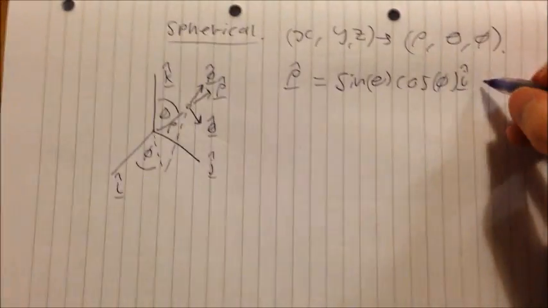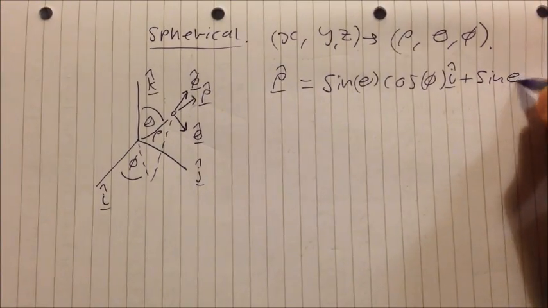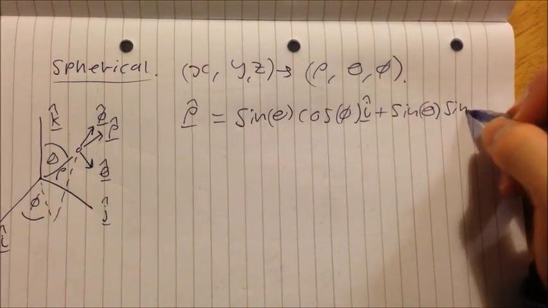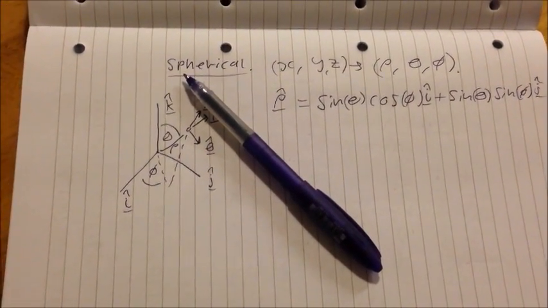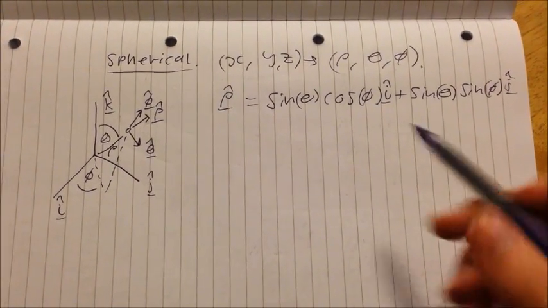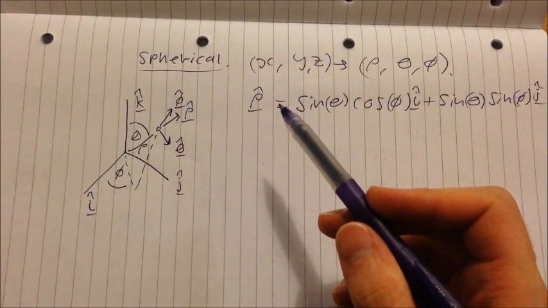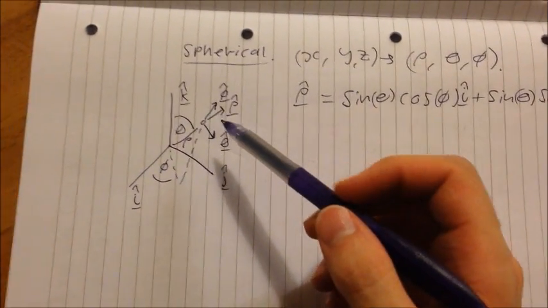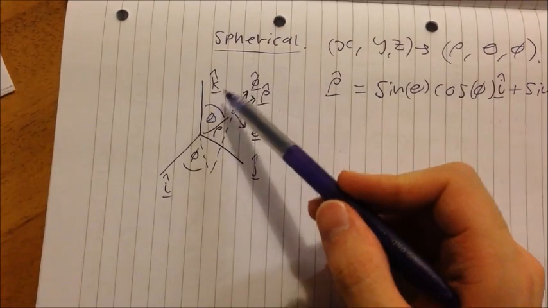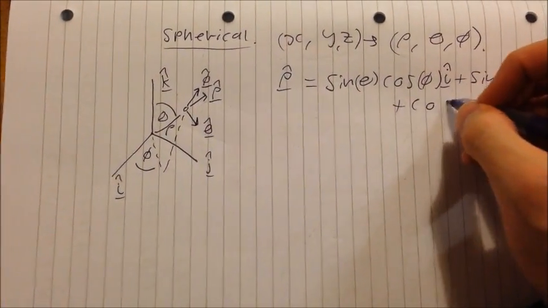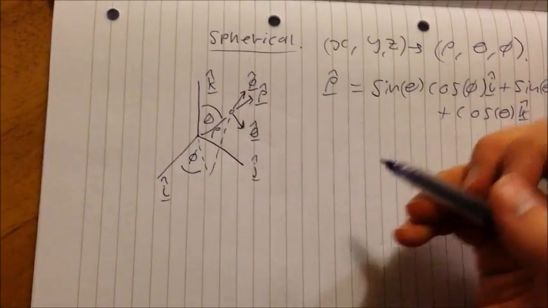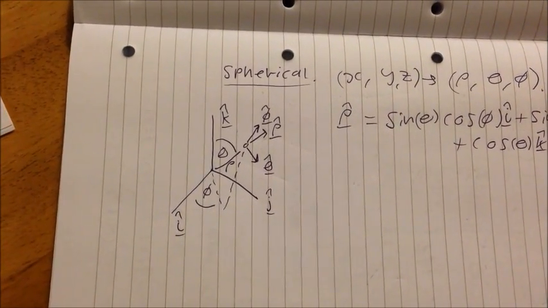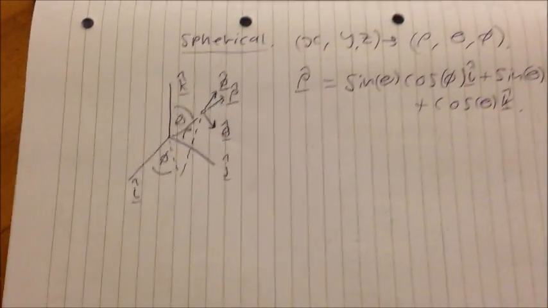So plus sine theta sine phi j. And then the k component of the rho hat unit vector is, looking at this diagram, cos theta k hat. Okay, well that's correct.